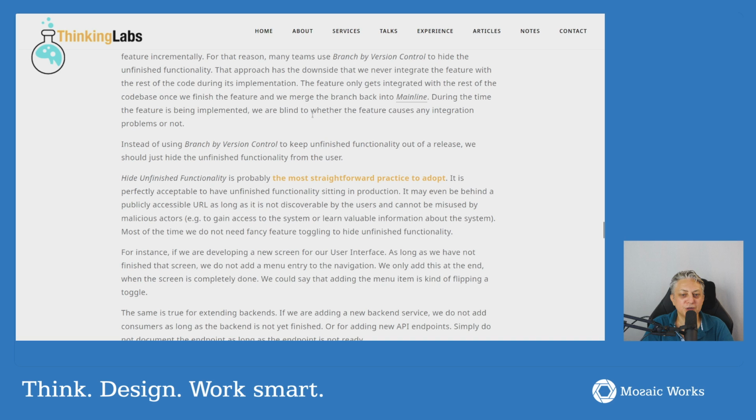During the time the feature is being implemented, we are blind to whether the feature causes any integration problems or not. No, we are not, because we can have exactly the same build system for the feature branch that we have for the main line. Now I'm starting to understand why people believe that the only way to do continuous integration is through trunk-based development.